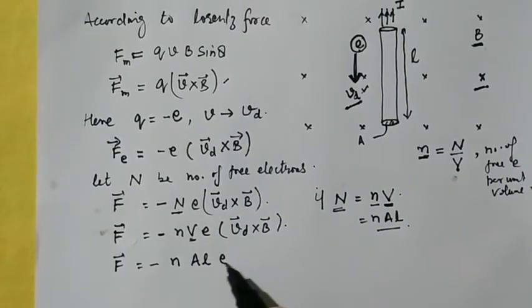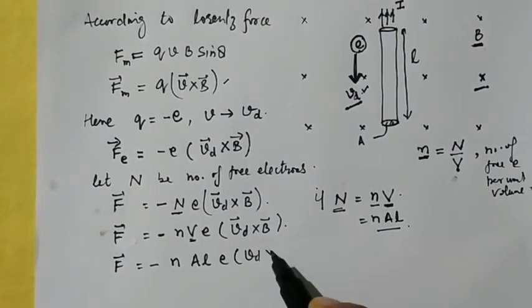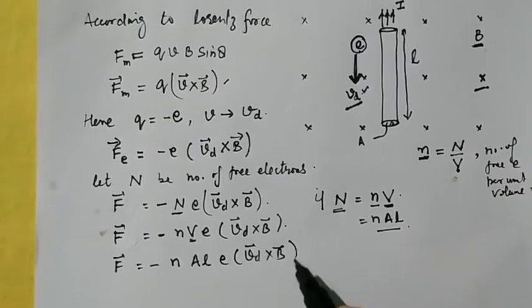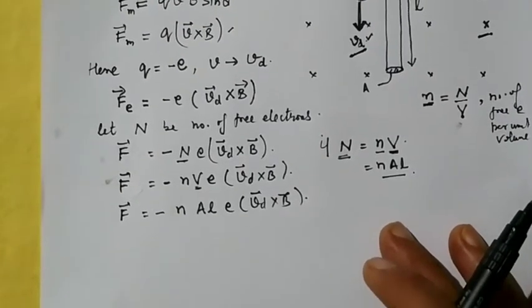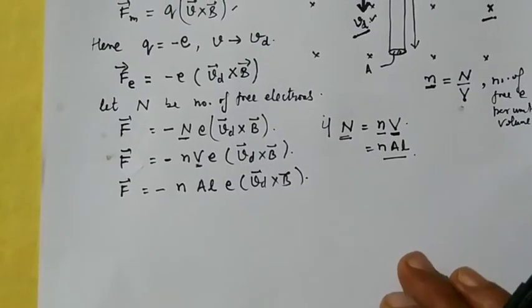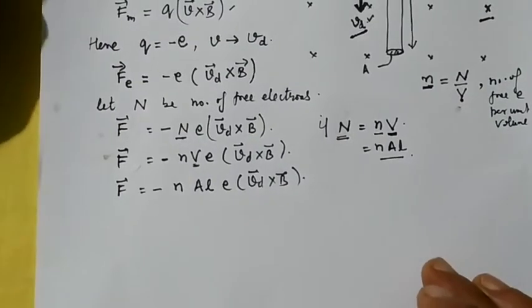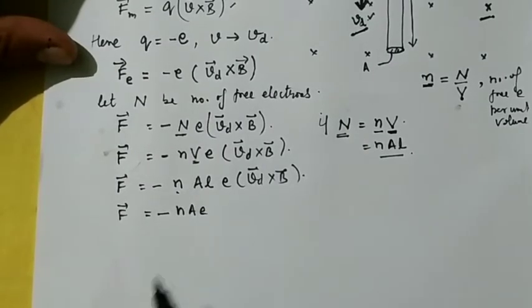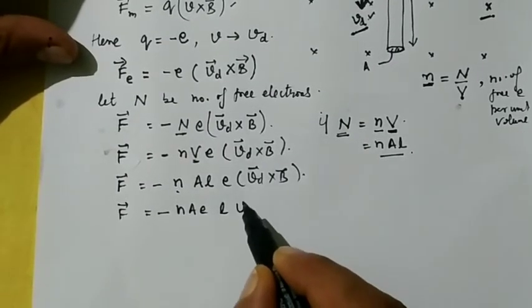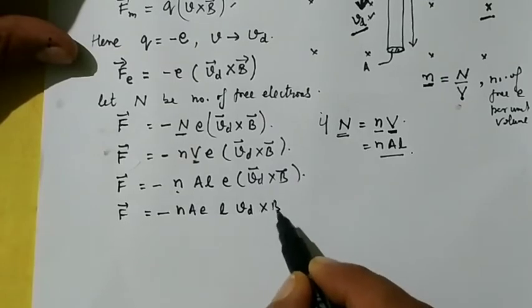So we put the value. So this is the force experienced by all the electrons when placed in a uniform magnetic field: minus n A e L Vd cross B.